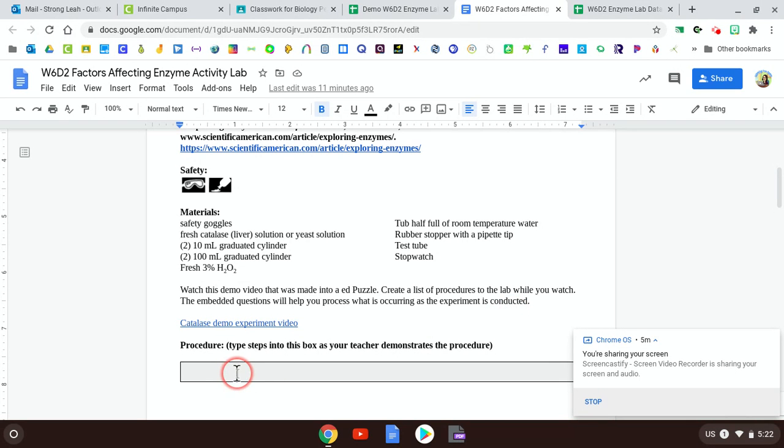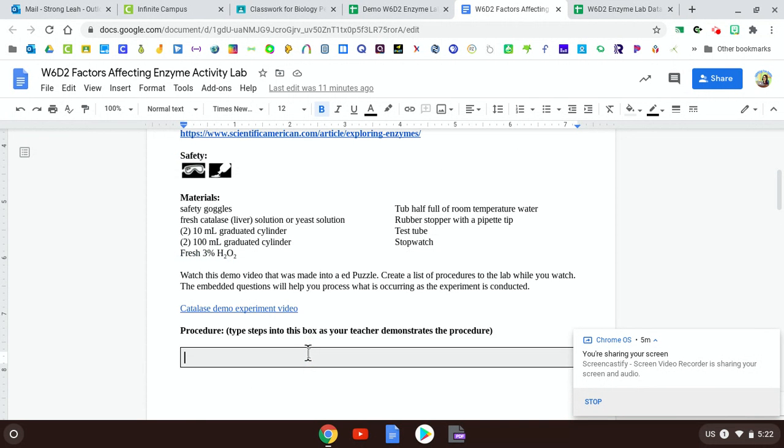So you'll put here like step 1, take the catalyst and put it in the test tube, whatever it might be. Okay. So you'll list out your procedures and then you'll move forward, but you've got to watch the video first. There are some embedded questions just to help you think about what's going on in the video as you're watching. But I'm going to have you pause and watch the video.